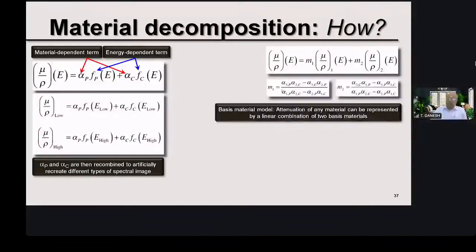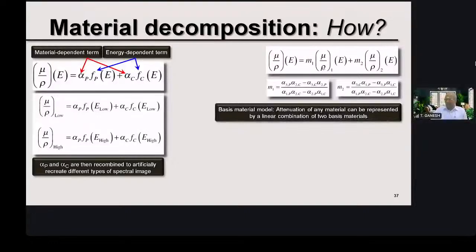There is another way of expressing this mu by rho or mu. We can express the mu by rho or mu of a particular element in terms of a linear combination of the mu by rho of two different media, media 1 and media 2. So M1, M2 are shown here. This is called the basis material model.